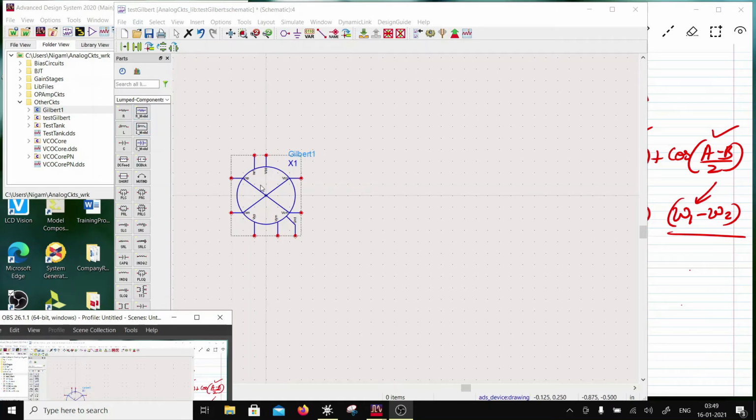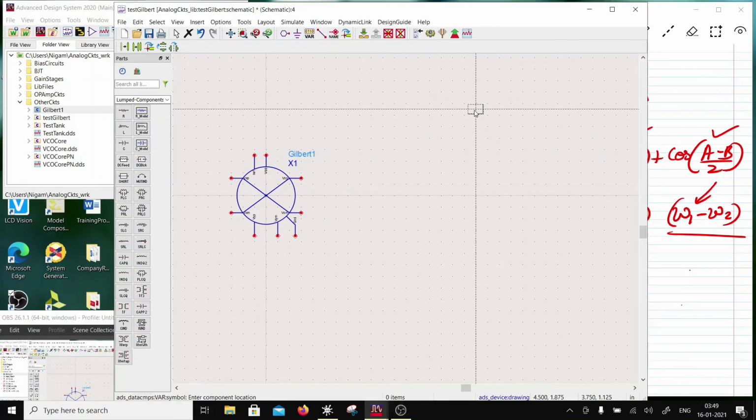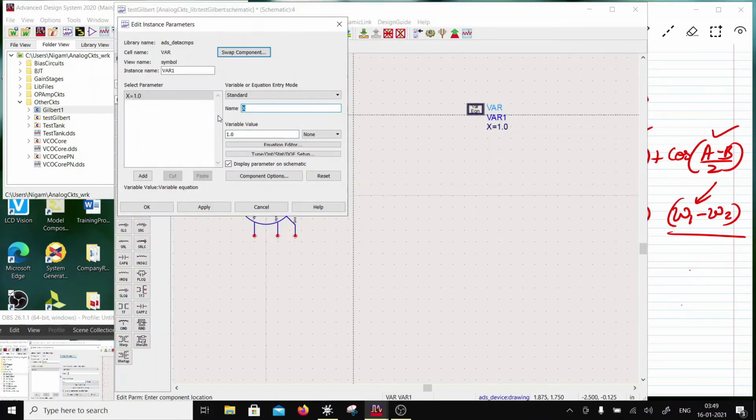So this is going to be very broadband. So let's say LO is around 2.4 gigahertz, right? And IF is around 11 megahertz, which is your Wi-Fi, right? So let's do that. So let's generate a variable here, and we call this LO frequency, LO FREQ.